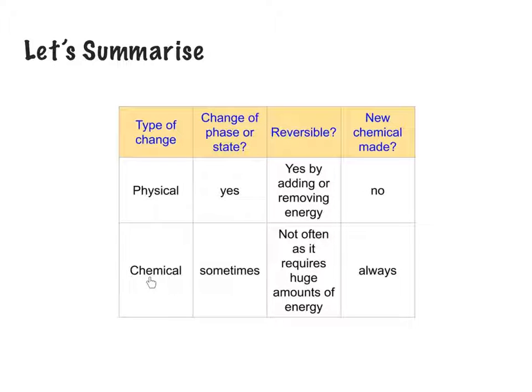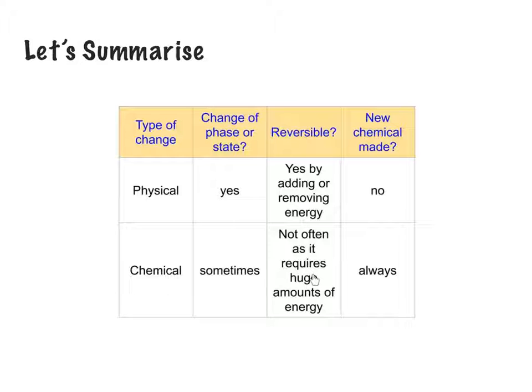A chemical change, though, can change phase, but it doesn't have to. In other words, it can start with a solid and still be a solid. It can start with a solid and be a gas, just like a physical change, but it doesn't have to. Now, is it reversible? Can I go back to what I started with easily?